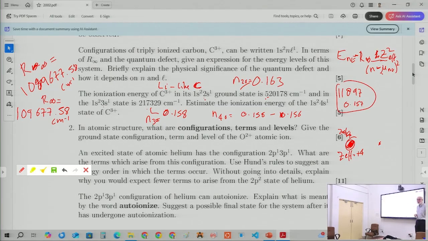If you use a slightly smaller quantum defect, you get a slightly higher energy. So it's something in that ballpark. This is an estimate method. There's no precise answer. Anything in this region would be considered a reasonable answer. Okay, so are people happy with that as a procedure?